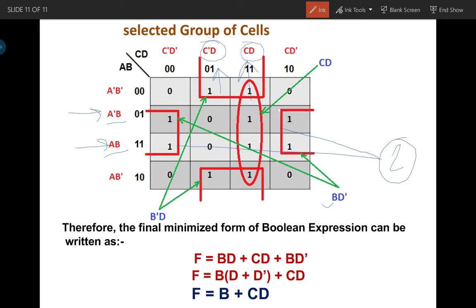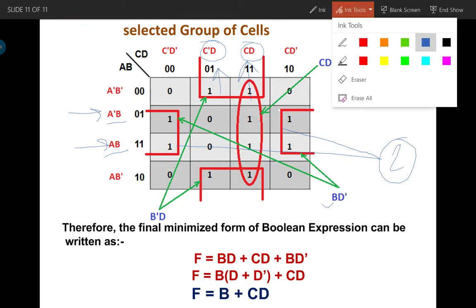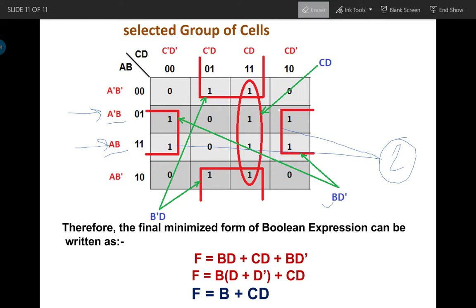So common is D. Okay, here it is for second. For second, the cells covered on the vertical side are C bar D bar and C D bar. So common is D bar. So write here D bar. So ultimately for the second group we got the product term as B D bar.